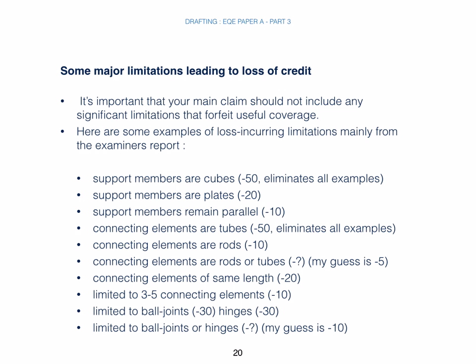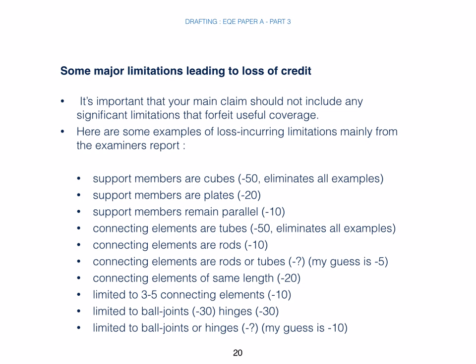Rods cover all of the embodiments, but don't cover tubes or other variations. If you should put in that the connecting elements in your main claim are rods or tubes, this was not discussed in the examiner's report, but obviously you will lose some credit, and my guess is that you would lose 5 points if you limited to rods or tubes, but not any other possible connecting element.